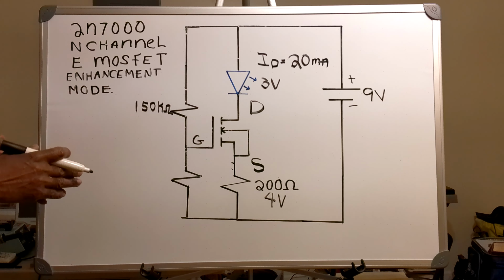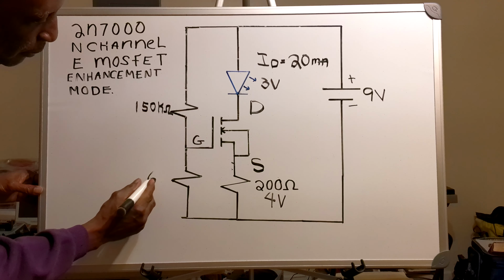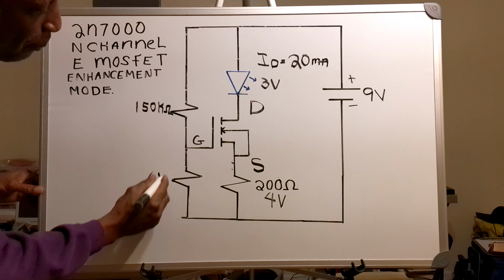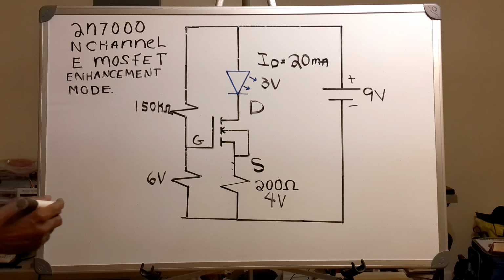And the reason I have to is because I know that I'm going to need 6 volts across my resistor. And I also know that since this is a voltage divider, I'm going to be needing 3 volts across my 150 kilohm.